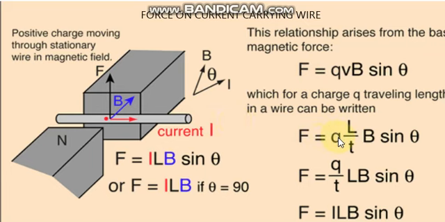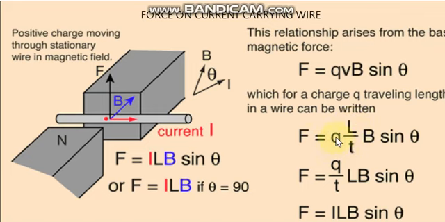If this charge Q, or any charge Q which is making up this current, traverses the length L of this conductor in time t, then the velocity v of the charge will be given by L divided by t. L is the distance covered by the charge, and t is the time in which this much distance is covered. So the velocity of the charge will be given by L divided by t.